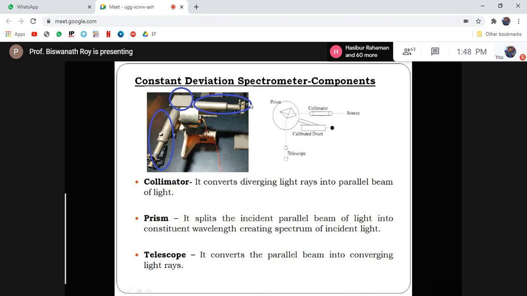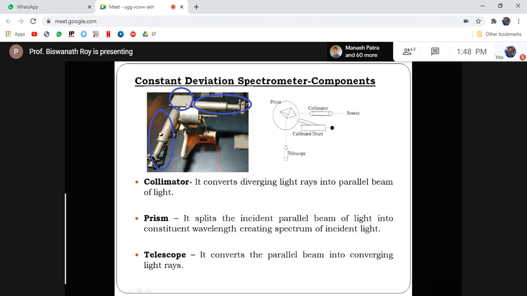The diverging rays are collected by the collimator, and the optics is here, and the task of the optics is to convert the diverging beam into a parallel beam. And this parallel beam is allowed to be incident here.